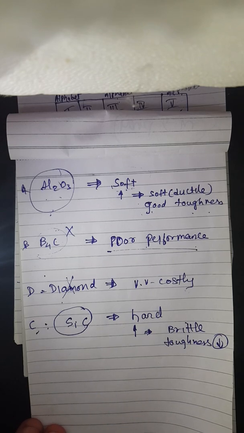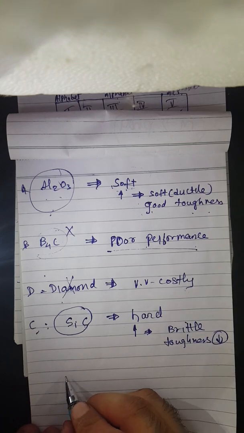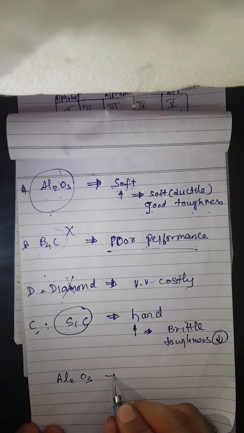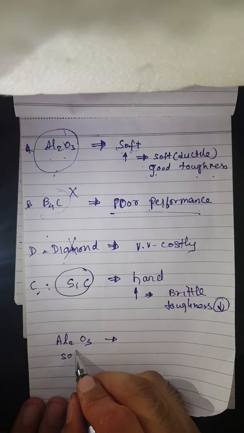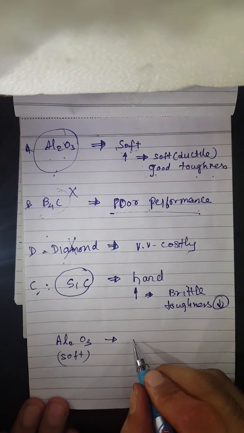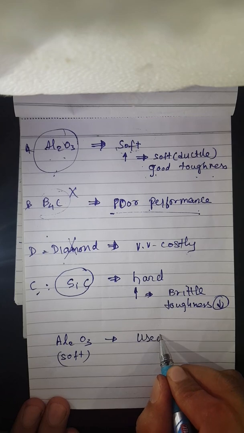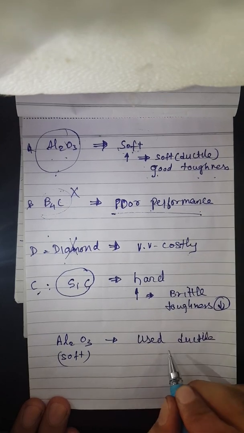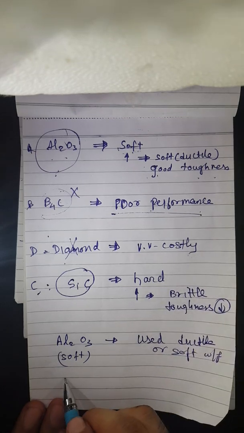Alright, now once I know the property of the abrasive particles that are used, I can directly go for the application of it. So as Al2O3 is a soft material, it's obvious that it would be used for ductile or soft workpieces.